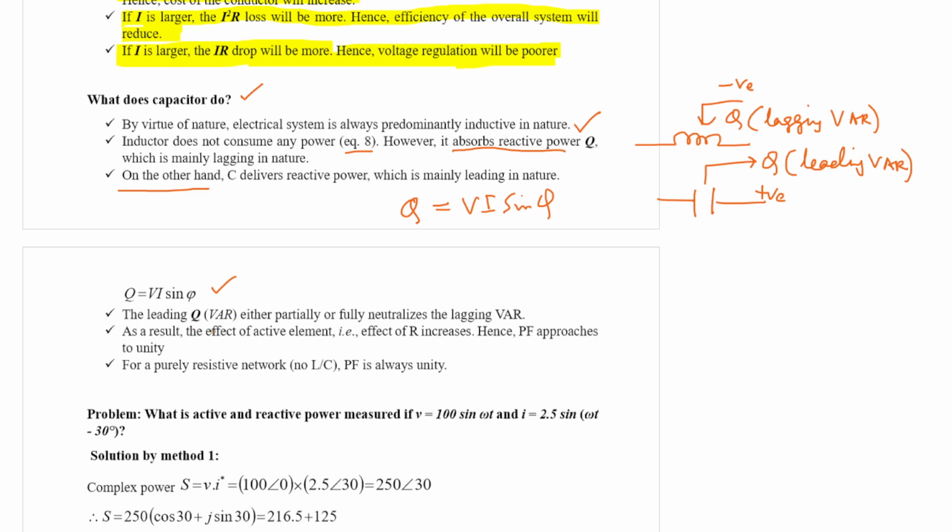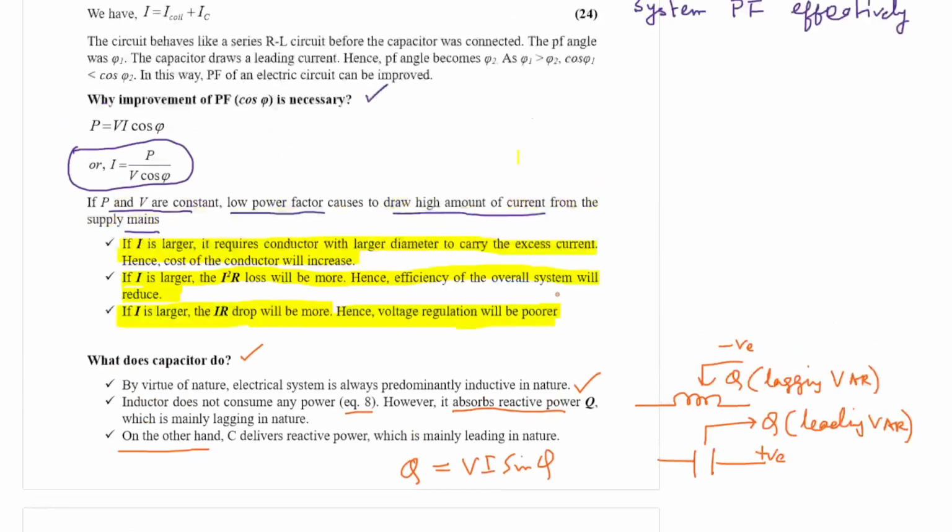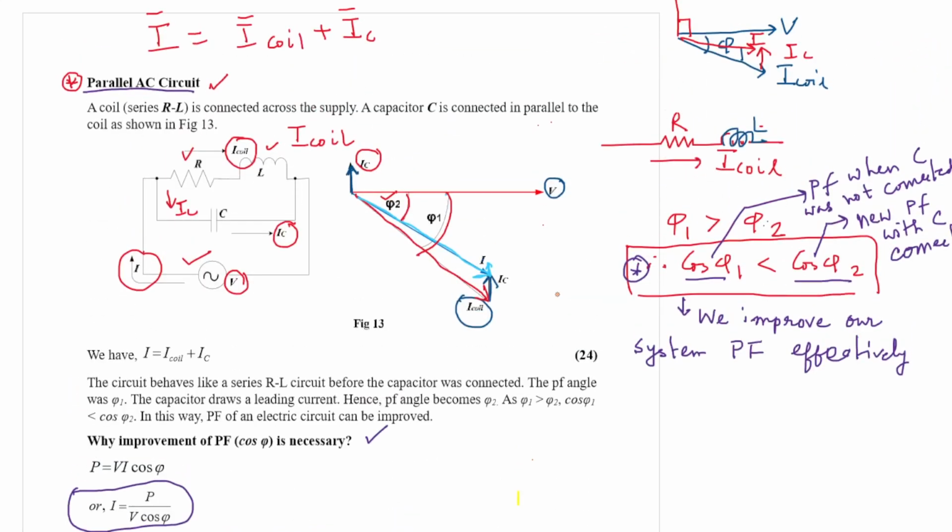So this is the reason that on inclusion of the capacitor, it either partially or fully neutralizes the lagging var. What does this statement mean? Whatever be the requirement of this inductor, it is taking reactive power.